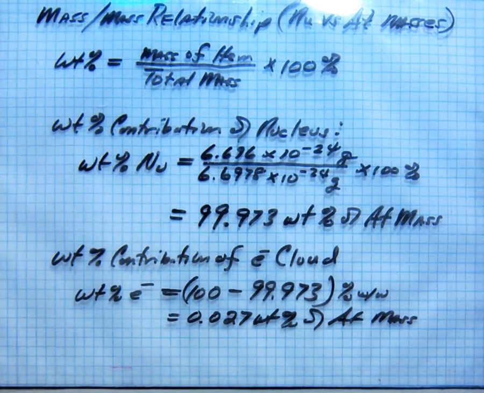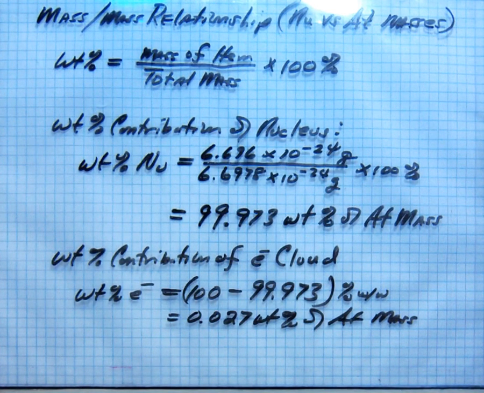What I'll ask you is, for an average atomic mass, how does the nucleus compare to the mass of the electron cloud? And then I had probably qualitative quotes down there. The nucleus represents 99.9%, or 99.973% of the total mass of the atom.